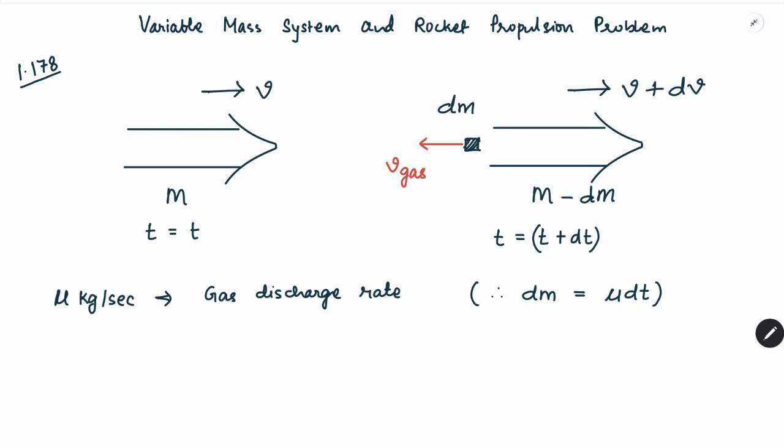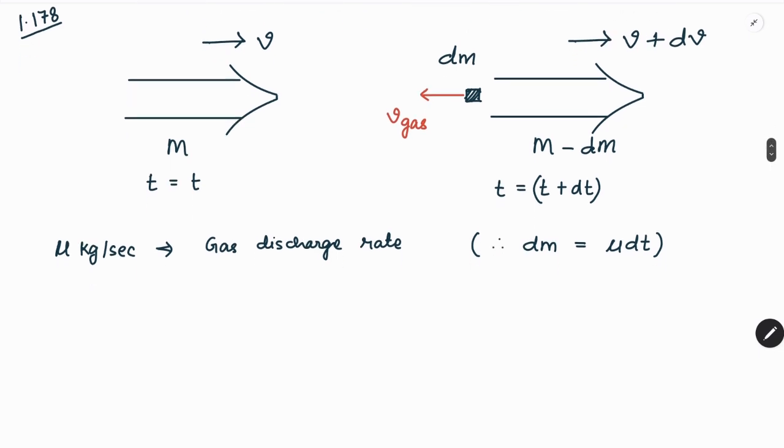Now the next point which we have in the problem is that the gas discharge rate is mu, and the rocket ejects a steady jet whose velocity is equal to u relative to the rocket. So we can say that the velocity of the gas ejected with respect to the rocket is given to us as u.